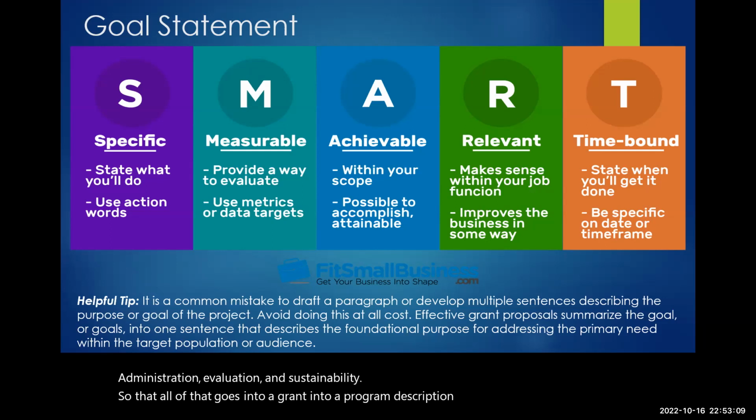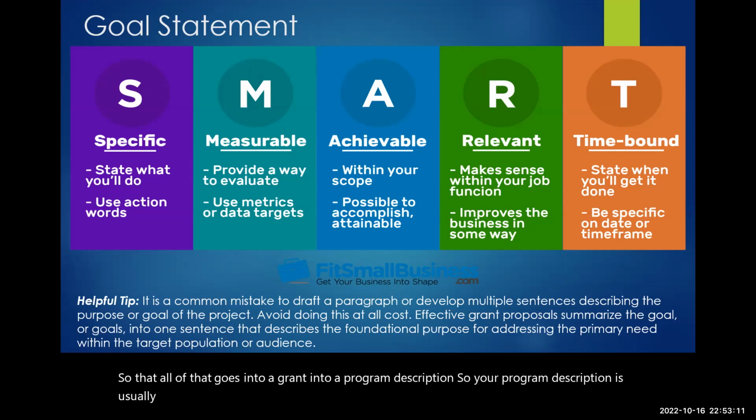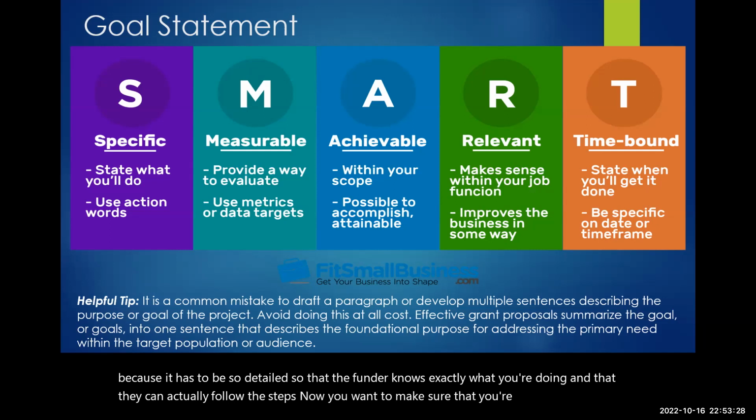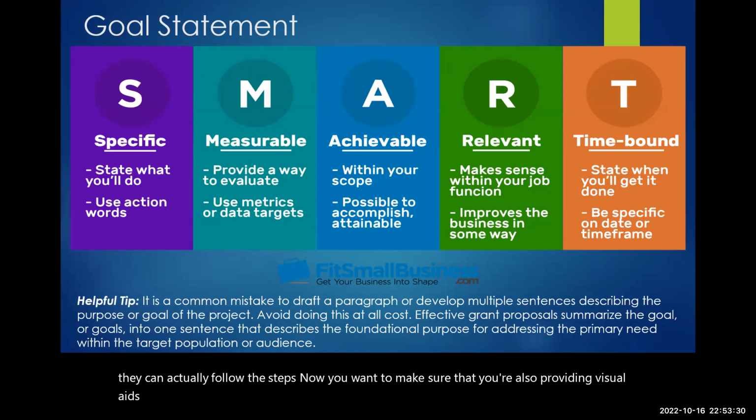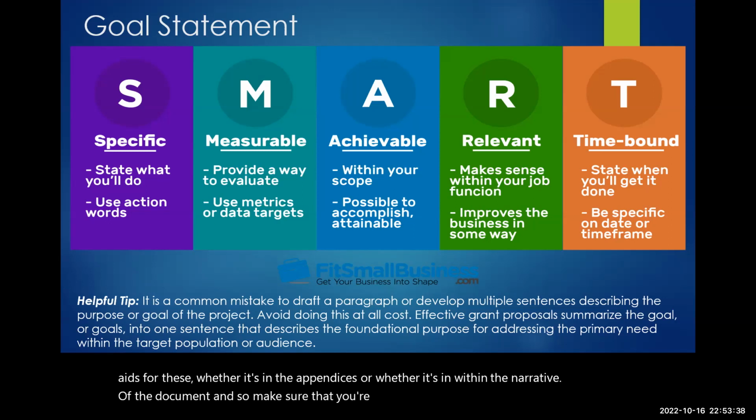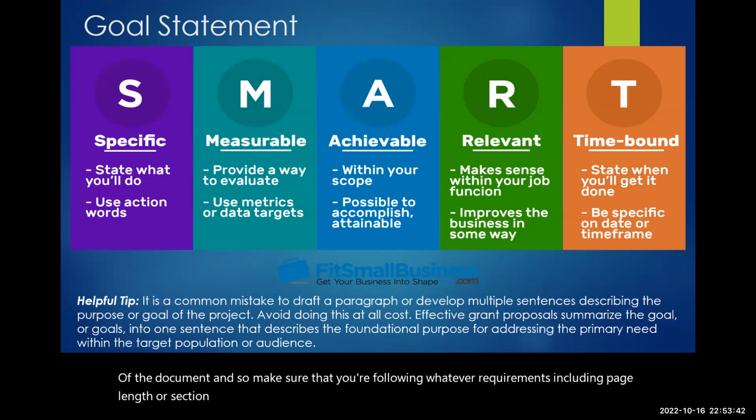Your program and project description is usually the largest part of your narrative, because it has to be so detailed that the funder knows exactly what you're doing and can actually follow the steps. You want to make sure that you're also providing visual aids, whether in the appendices or within the narrative of the document. And make sure that you're following whatever requirements, including page length or section length, that your funder is requiring.